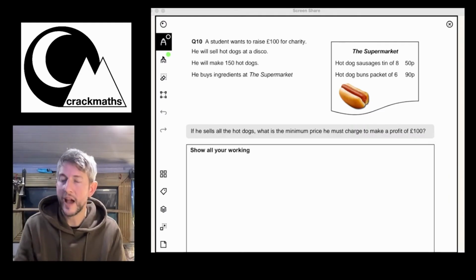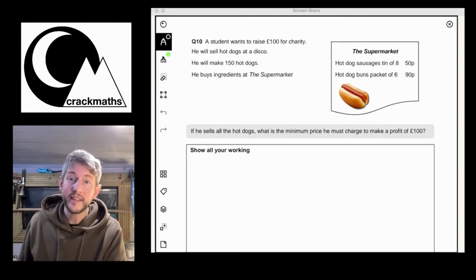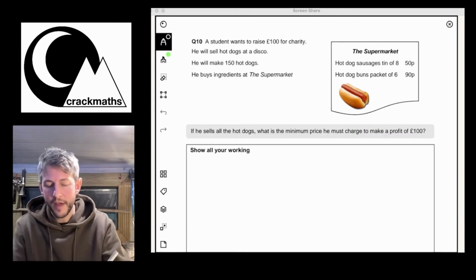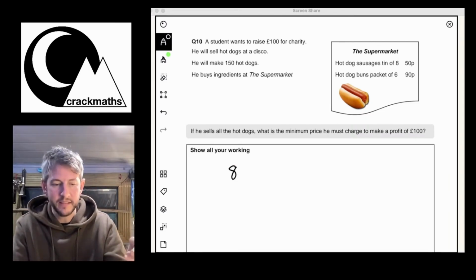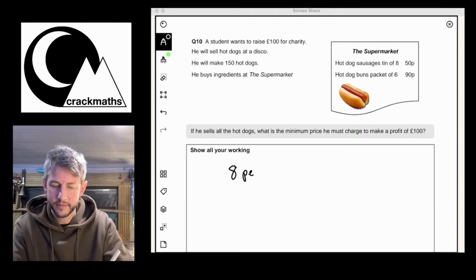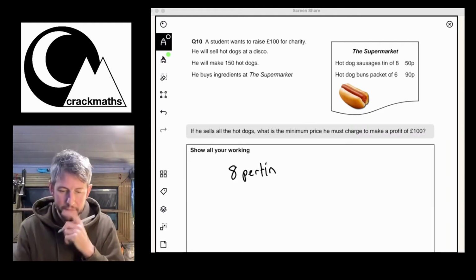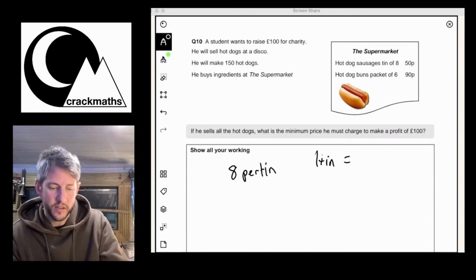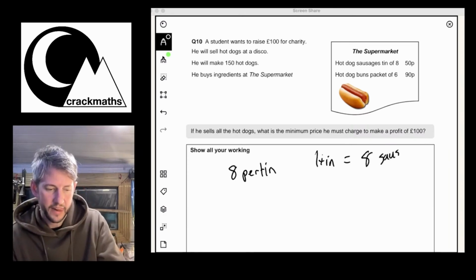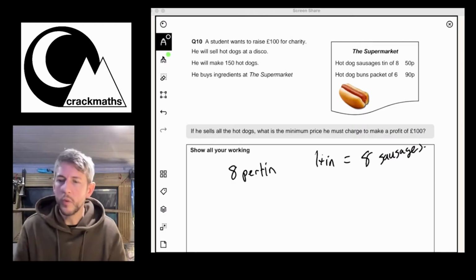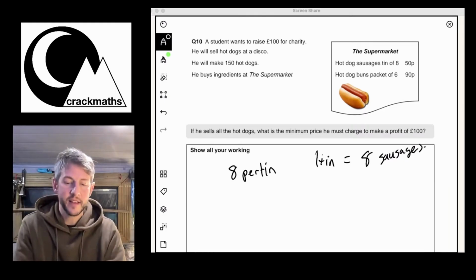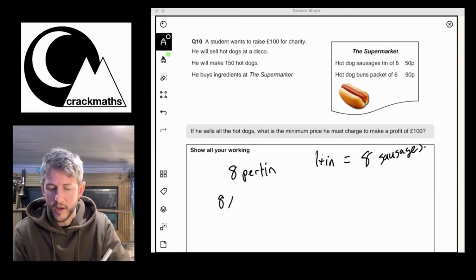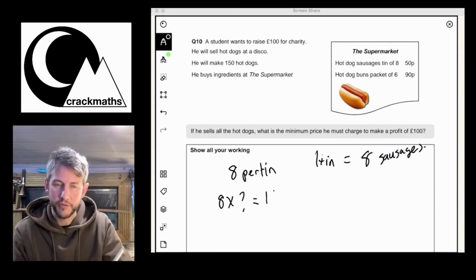First of all, we need to know how many tins we need, and then how many buns we need. So I know that there are 8 sausages per tin. So 1 tin is 8 sausages. I need to work out how many tins are needed for 150 sausages, so what do I times 8 by to get to 150.